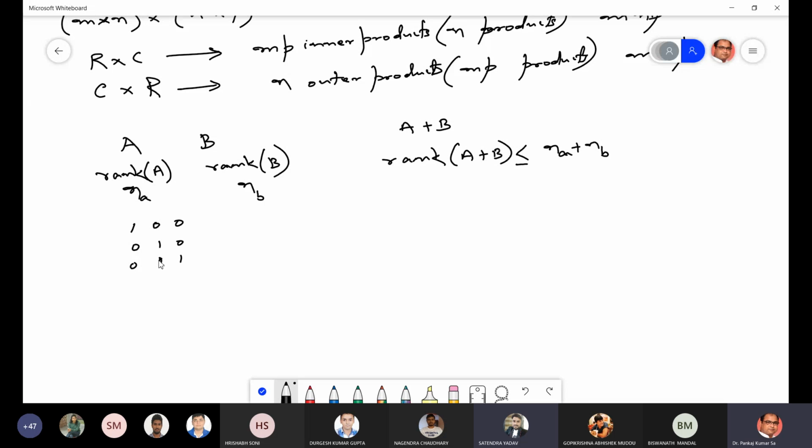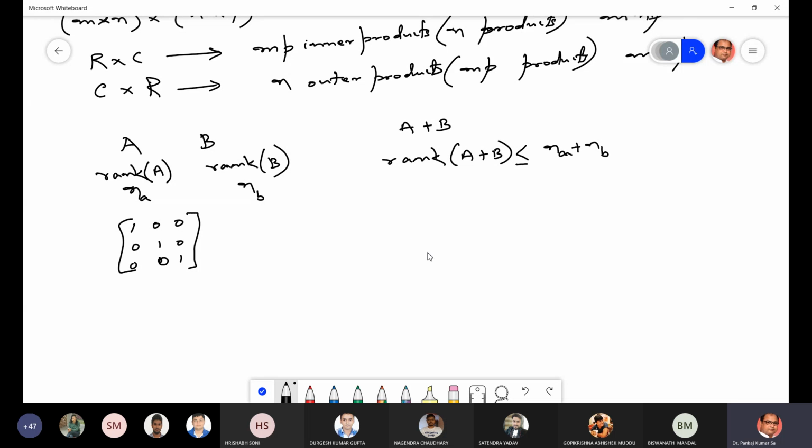That's correct. Here all of them are independent, so it is the size of the matrix. So if A is identity and B is also identity, in that case it will remain the same.